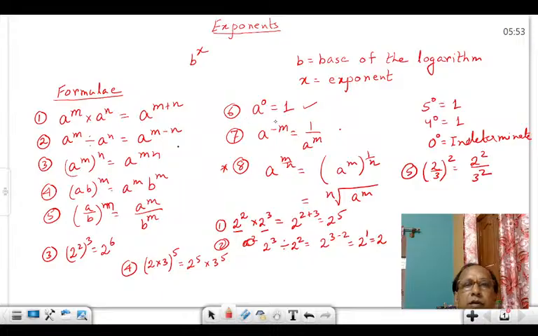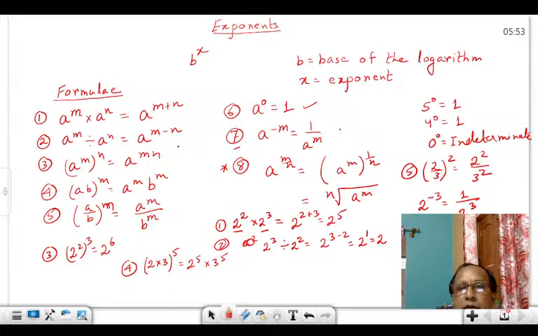And question 6, I already told you that a to the power 0 is 1, and now a to the minus m. Suppose 2 to the power minus 3, it can be written as 1 by 2 to the power 3, right? And the most important is 8. In 8, you can write it as a to the power mn.